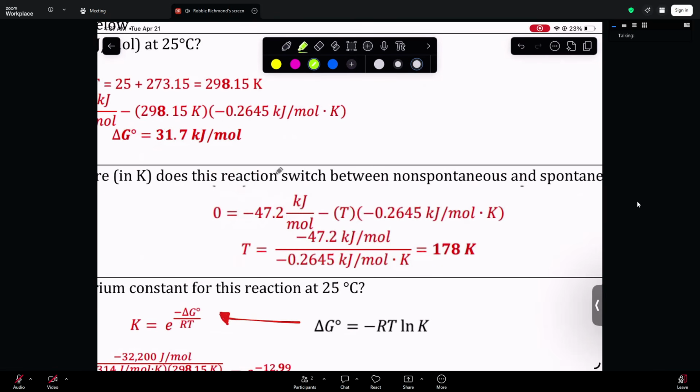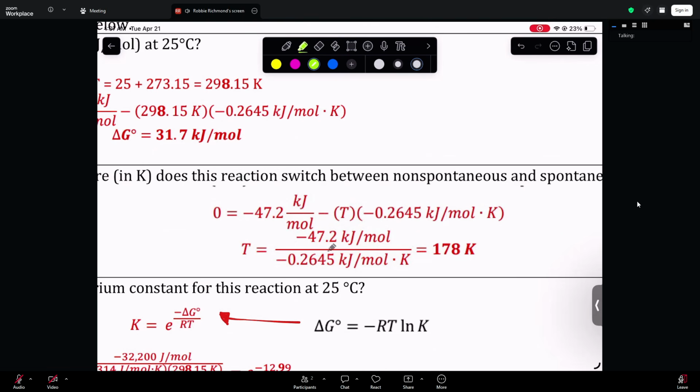So plugging that in, it follows very similar sig fig rules as before. The way to do this is add T delta S to both sides, and then you'll divide by negative 0.2645 kilojoules per mole Kelvin.